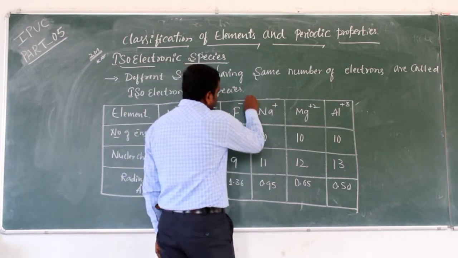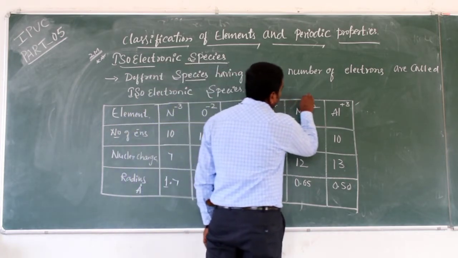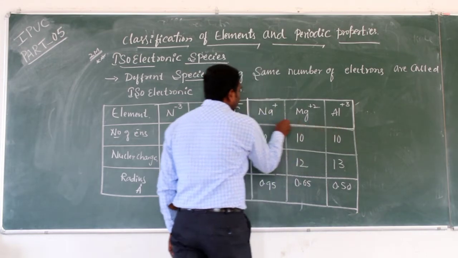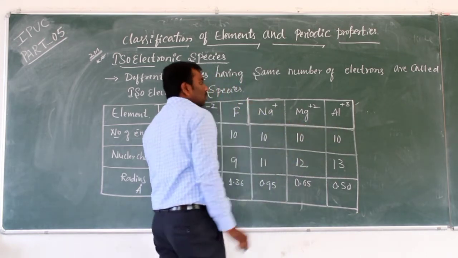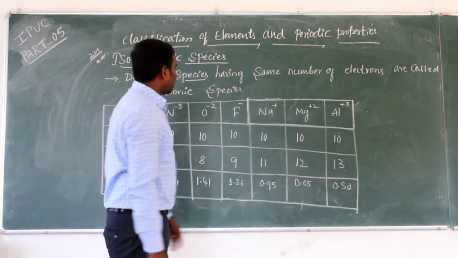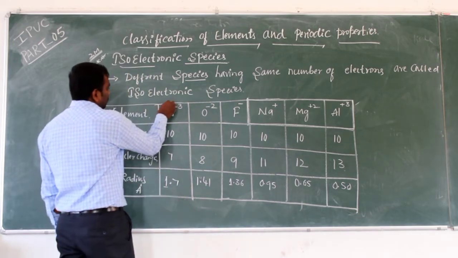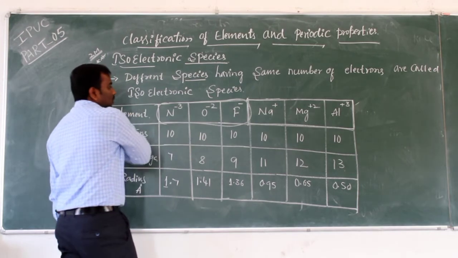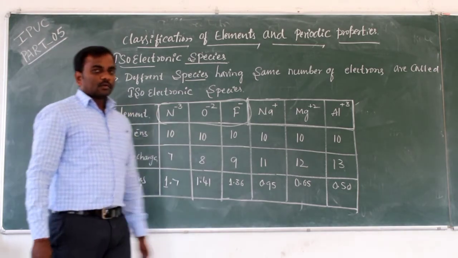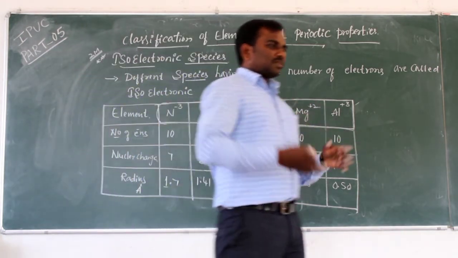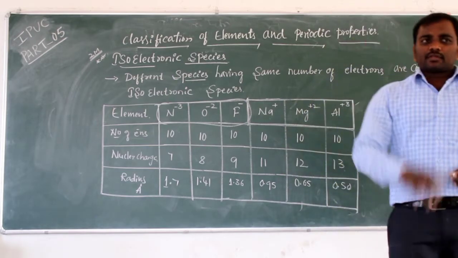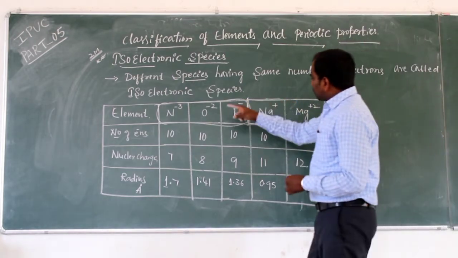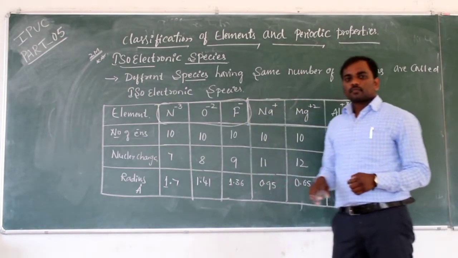Here, sodium to aluminium are positive species, right? And the remaining, nitrogen to fluorine, are negative species. See what is the difference between these two?